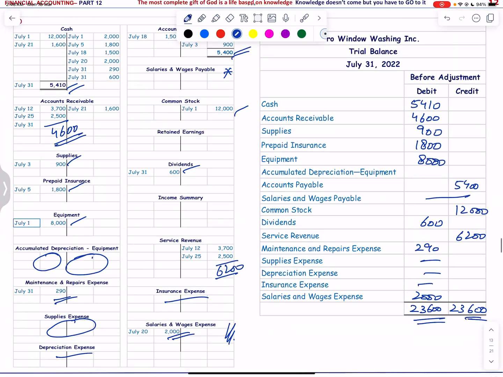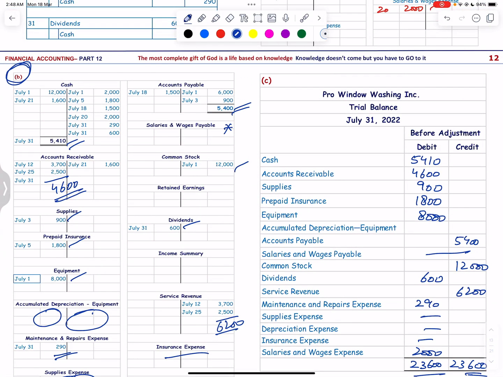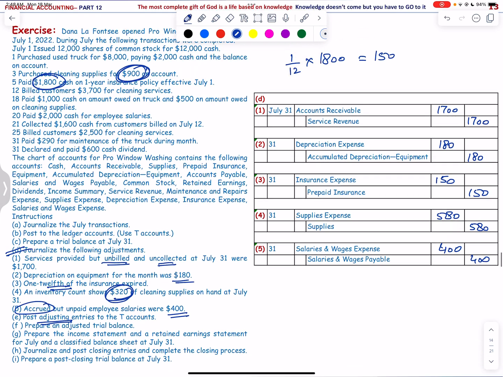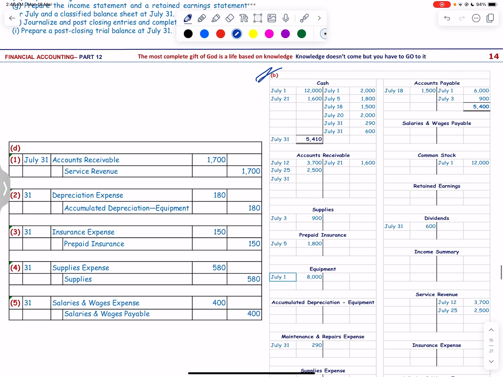So we will be adding these adjusting entries into our T account. Now you can see that accounts receivable is debit by 1700, so we have 1700 over here. Service revenue is credit by 1700, and obviously adjusting entries are done at the end of the period, so all the adjusting entries are on 31st July.